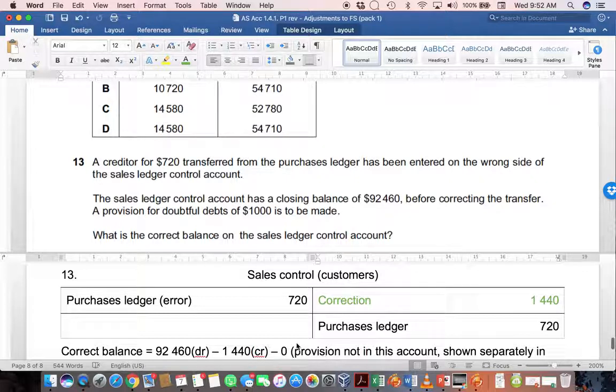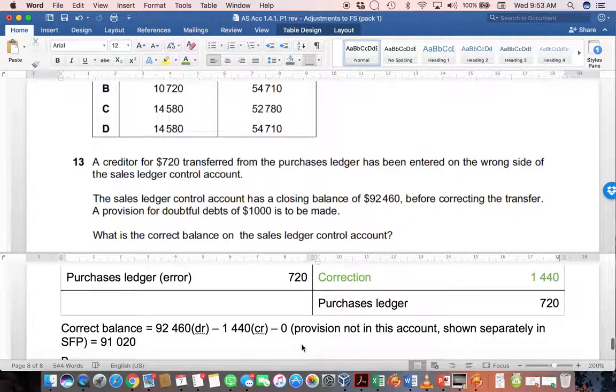You then consider your provision, but notice that I've shown it here as 0. You don't even need to write it in at all. The only reason I put it there was just to illustrate for you that we're not going to use the provision, because remember, provision has its own account and will simply be shown in the statement of financial position when calculating your net trade receivables, but it does not come into this account at all.